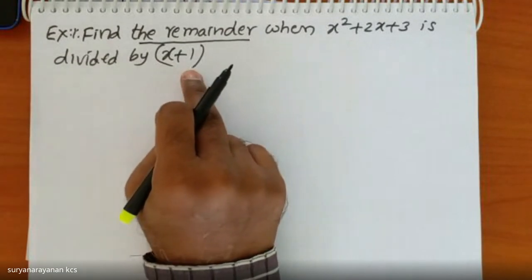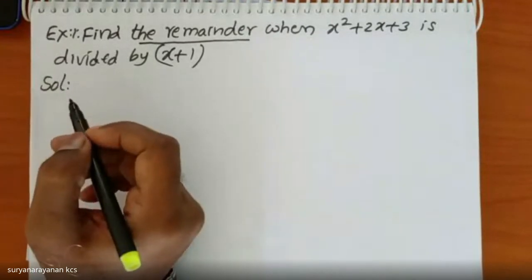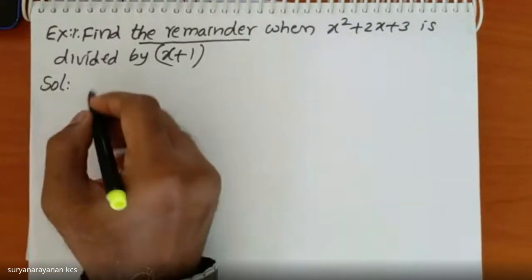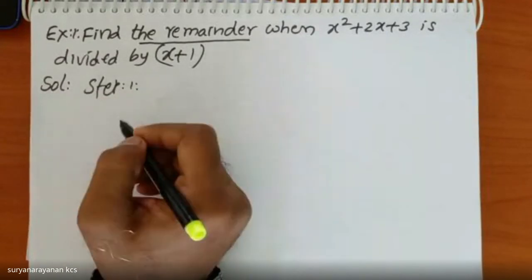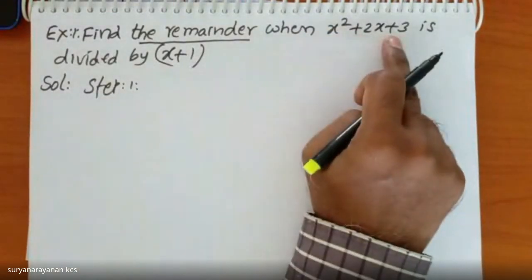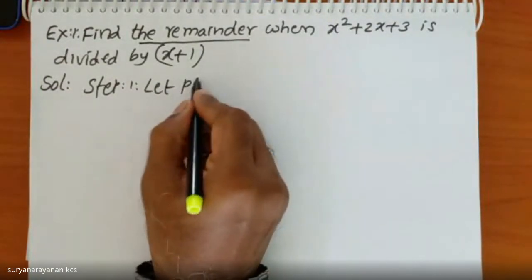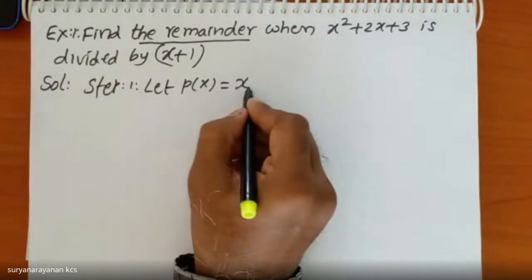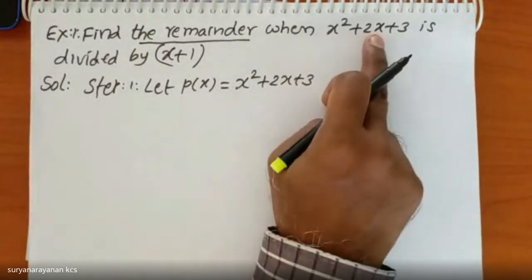Okay, first, please remember these steps, my children. Listen carefully. Step 1. First, let us write the given polynomial. It is not given by name. Let P of X is equal to x square plus 2x plus 3. This is the given polynomial.